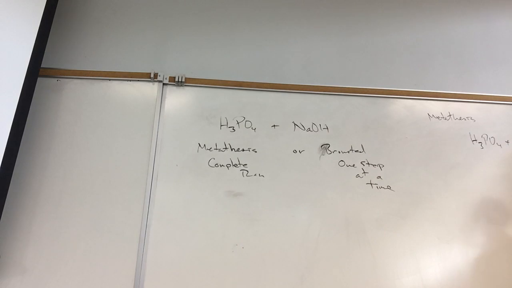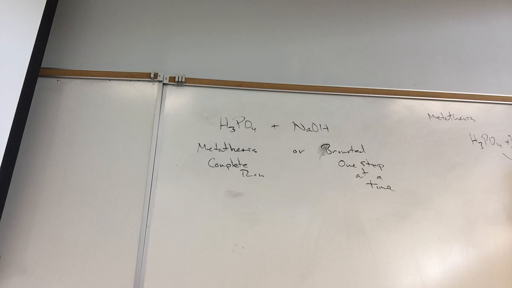I'll balance this later. It is going to form what? This is just a double replacement reaction. In a double replacement reaction, what would be formed? Na3PO4 plus H2O. Since we're completely neutralizing, I'll need 3 sodium hydroxides and 3 waters to do that.